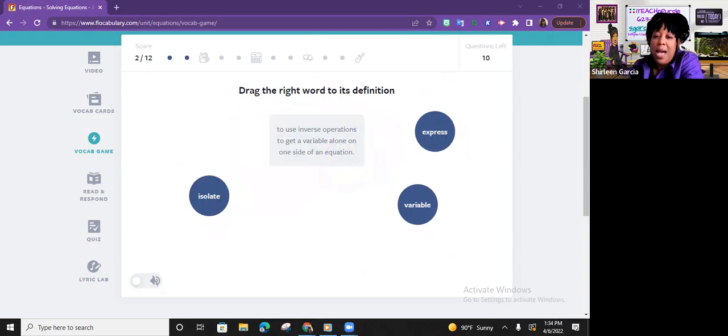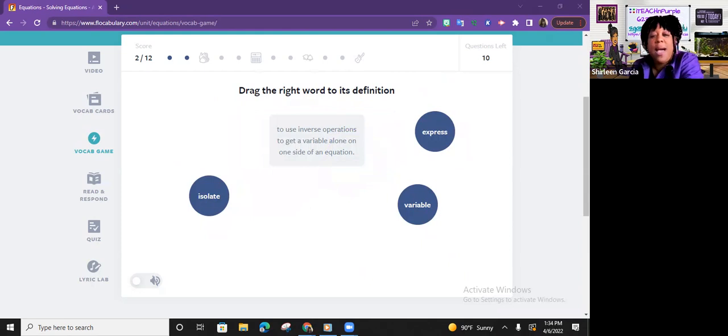To use inverse operations to get a variable alone or on one side of an equation, what are we doing? Are we expressing, variabling, or isolating?